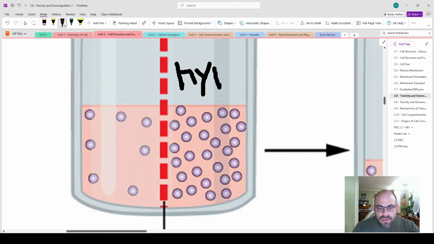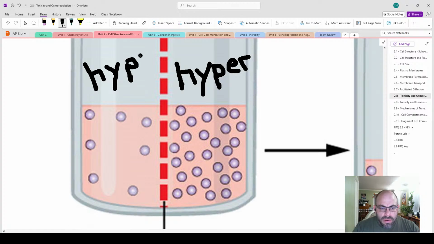Gosh, should have left these up there. And this one's going to be then hypo. Remember we said how these words need each other, right? They're words of comparison, and so they need each other. And why are we using these words again? Hypertonic is more solute. Hypotonic is less solute.